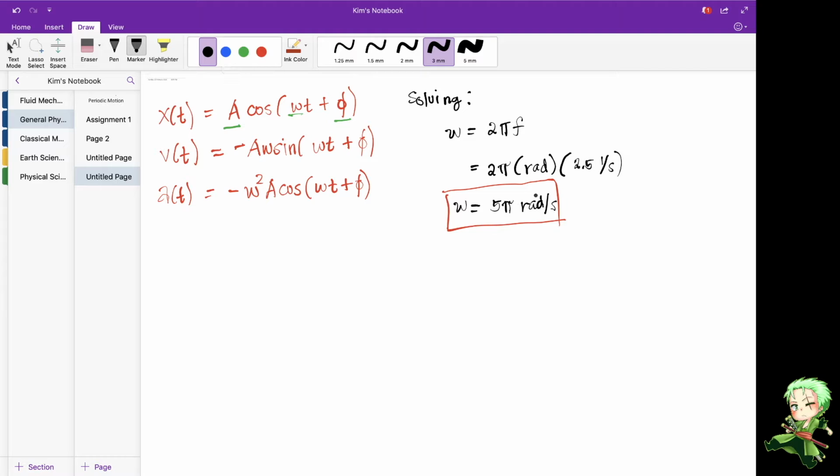So next, we need to find the amplitude A. When you solve for amplitude A, this is already derived in the class, so we are going to use that. That is the square root of x naught squared, I'm hoping you remember this, plus the initial velocity in x squared divided by omega squared.